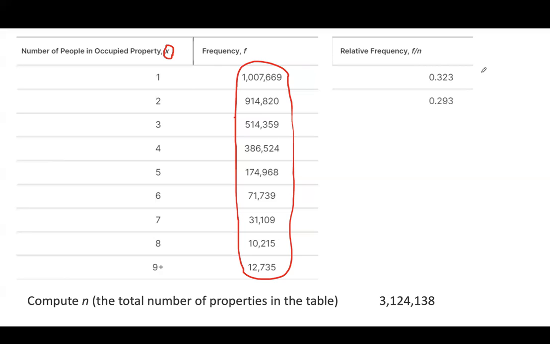We can continue this process. So what's the probability that you randomly select one of these properties and it has only two residents? It's 914,820 divided by 3,124,138, which is 29.3%. What if you select one of these properties and knock on their door and say, hey, how many residents do you have?